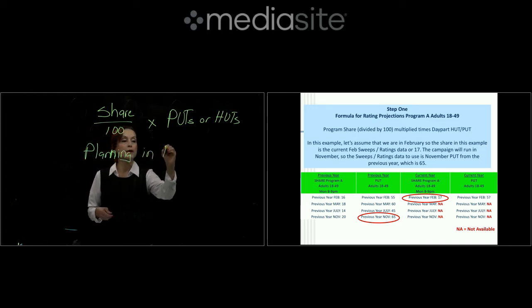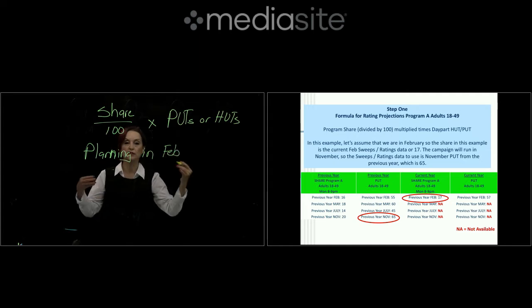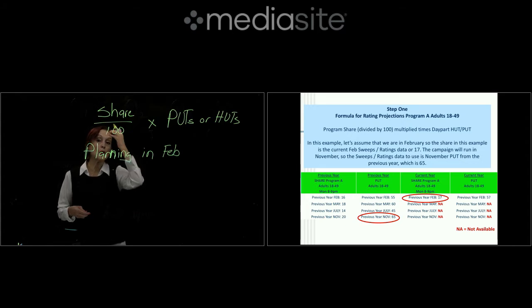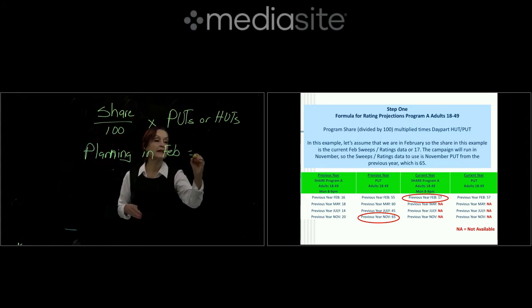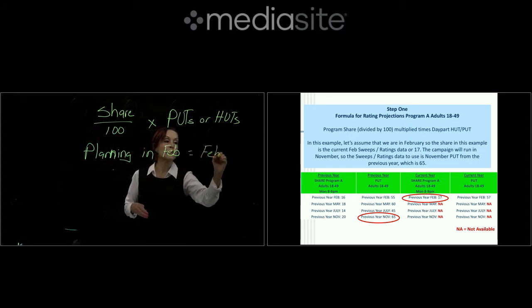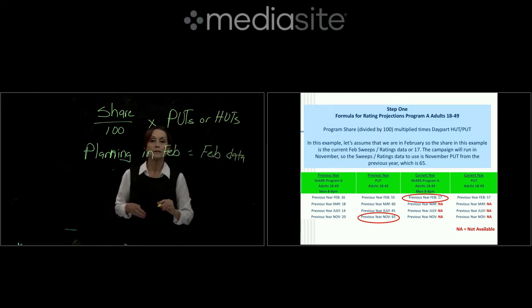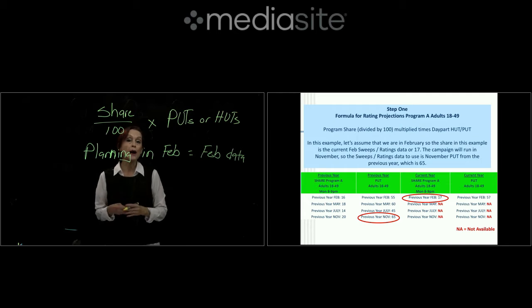in February, let's say, and let's assume now is February, and you will have the February ratings data. So you may not have the May data or the July or the November for that year.